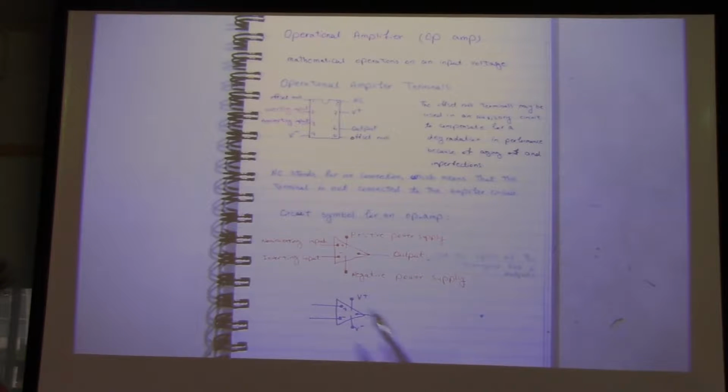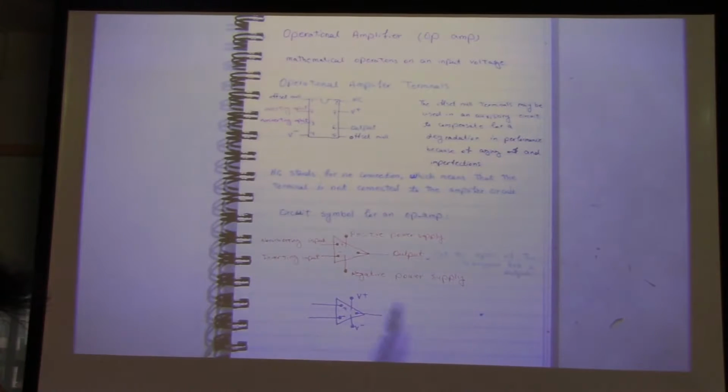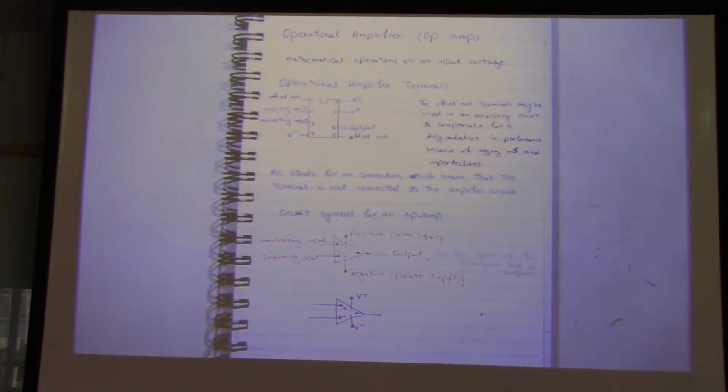That's why we use negative over here. This one means positive power supply, terminal number 7. And this one, negative power supply, terminal number 4. And this one is the output, terminal number 6.